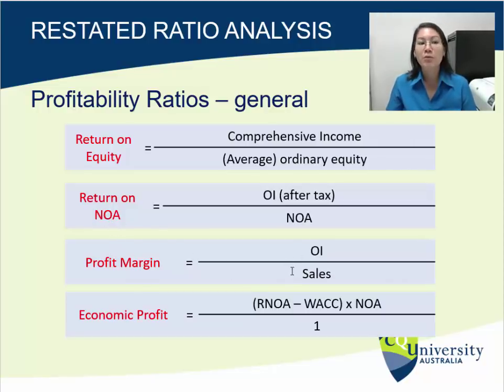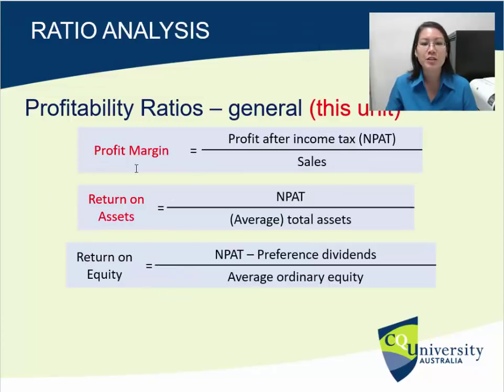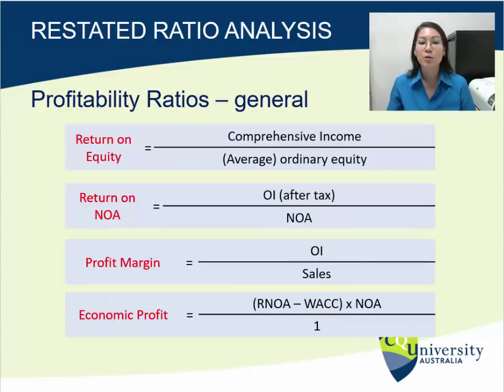Profit margin, again, we've looked at that in the first slide. So we use the operating income divided by our sales for our restated ratios. Originally on our general financial statements, we looked at that here. It's again our profit divided by our sales, but from our original financial statement figures. So for every dollar of sales, how much are you turning into profit? We calculate that for the original financials. We also calculate that for the restated financials here. So you should be able to compare one to the other.